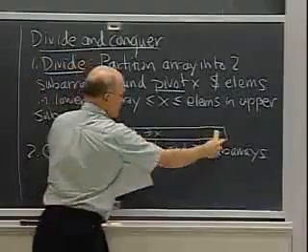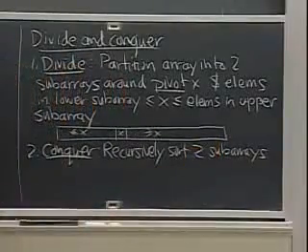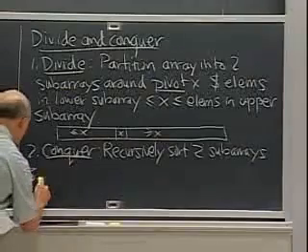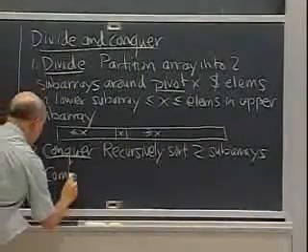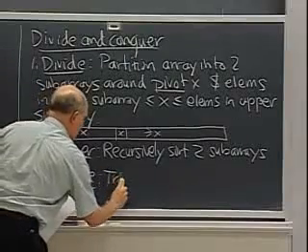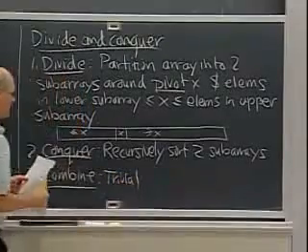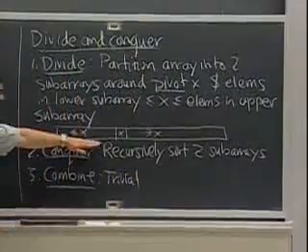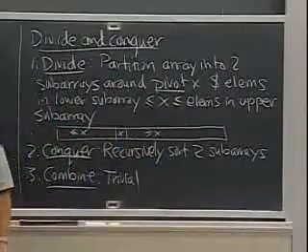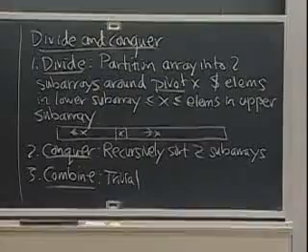I recursively sort the elements greater than or equal to x. Okay? And then combine is just trivial, because once I've sorted the things less than or equal to x and sorted the things greater than or equal to x, the whole thing is sorted. So there's nothing to do really for the combine.